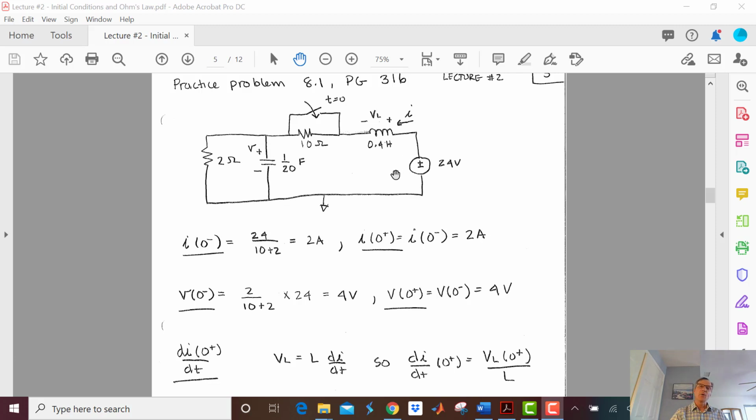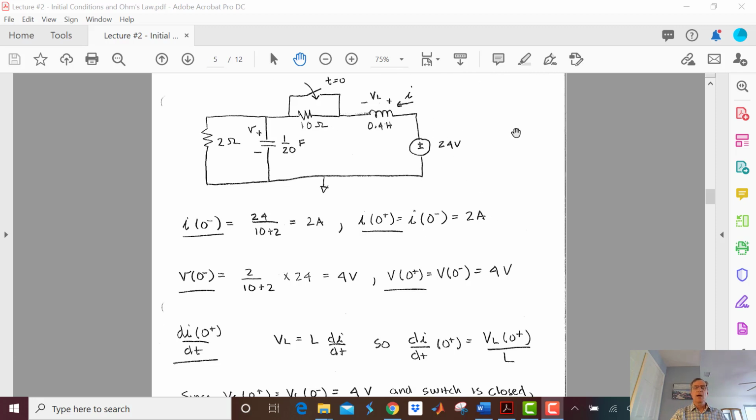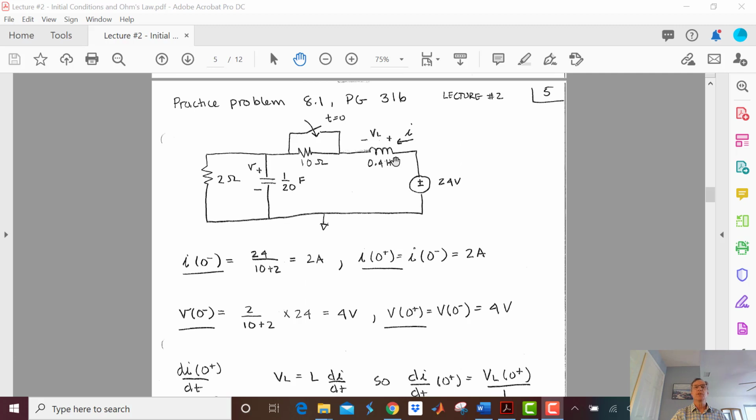I also have 2 amps through this inductor, but we don't even need that 2 amps actually.